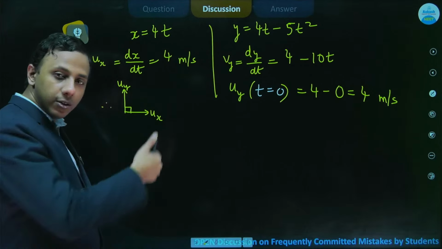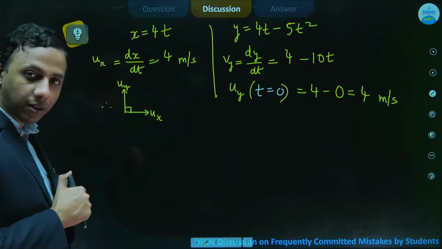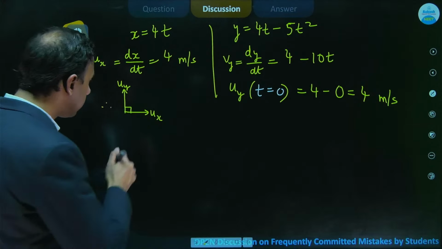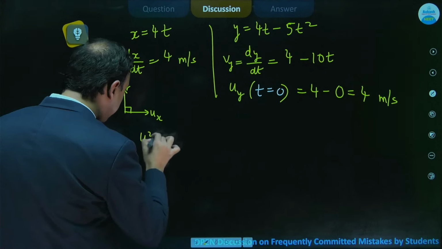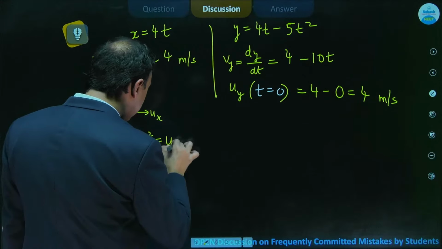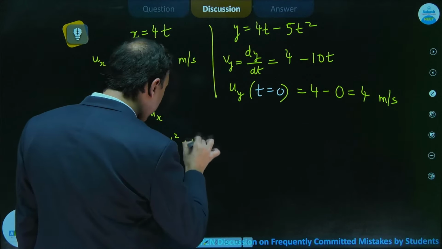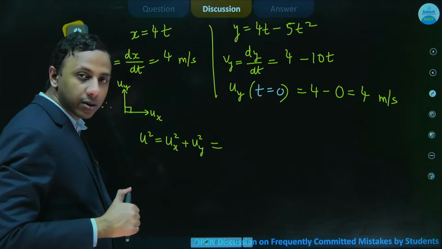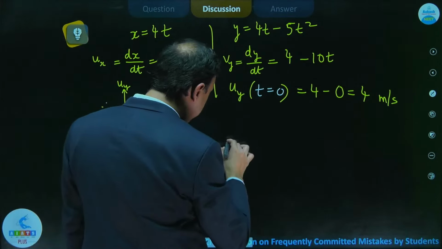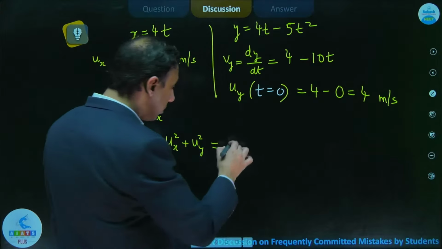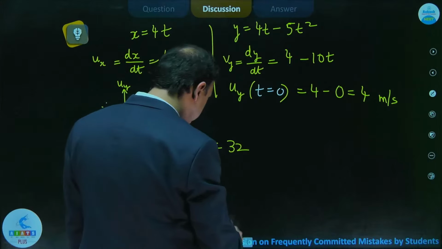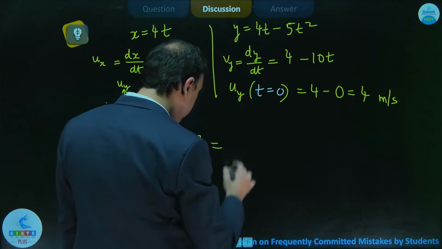So the net velocity, the initial velocity, is going to be nothing but the vector addition of both, that is u square equals ux square plus uy square. Okay, so this is going to become 4 square plus 4 square, that is 16 plus 16, that is 32. 32, or if you want you can write it as 16 into 2.